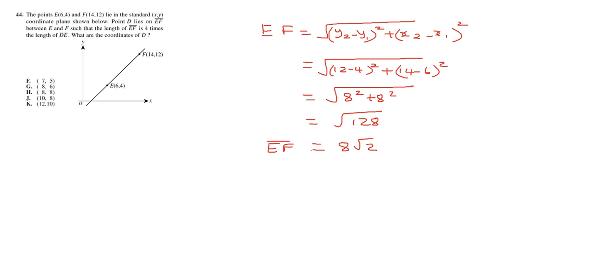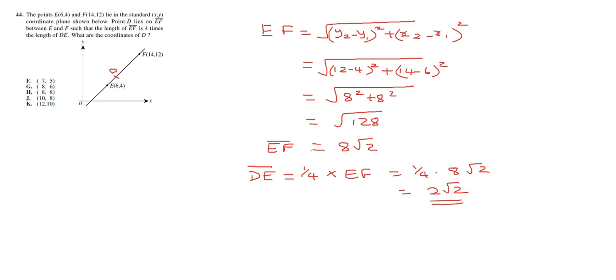So we're told that EF is going to be 4 times the length of DE. So let's make this D. So DE is equal to 1/4 of EF, which is 1/4 times 8 square root of 2, which is going to give us 2 square root of 2.